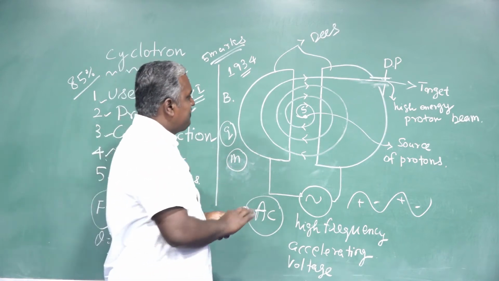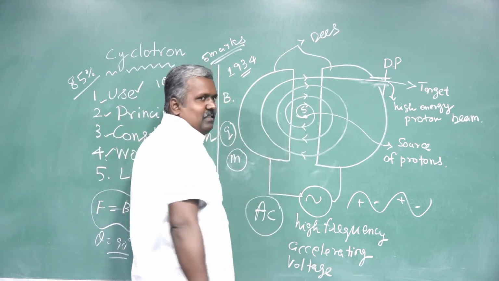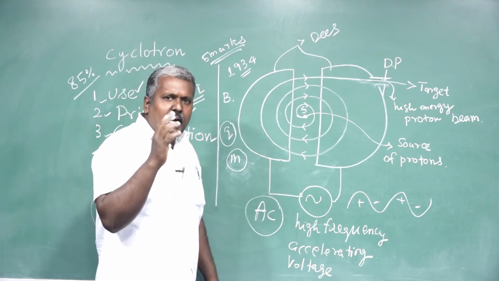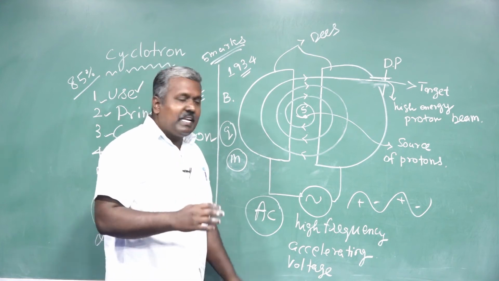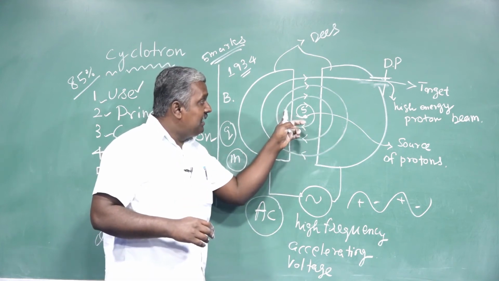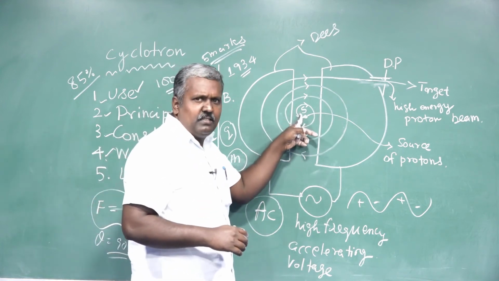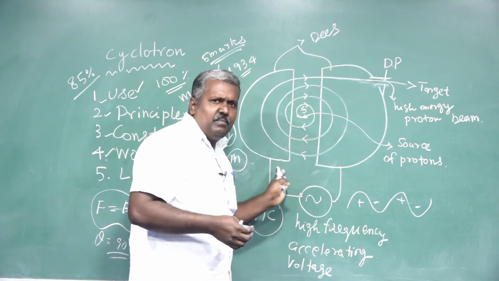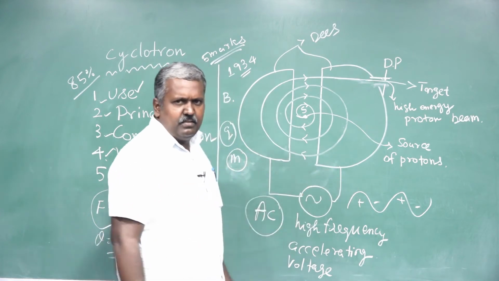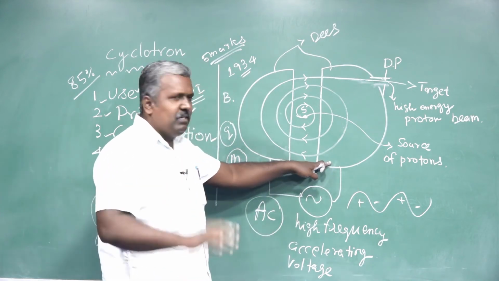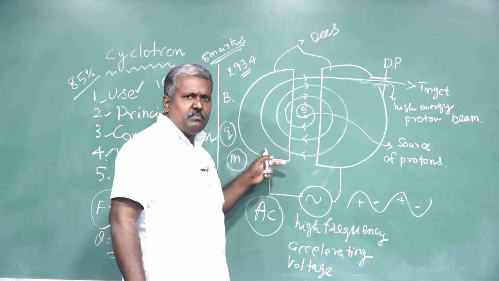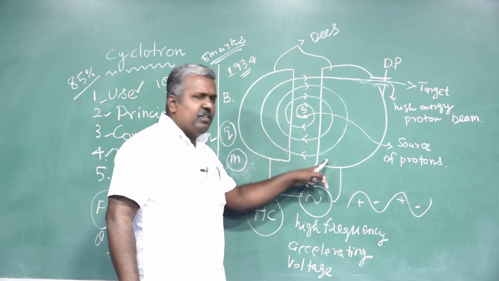Okay? So like this. Now by the time the ion arrives at the gap between the two Ds, okay, it starts moving. Now the polarity of the Ds gets reversed. For example, first this is positive and this is negative.